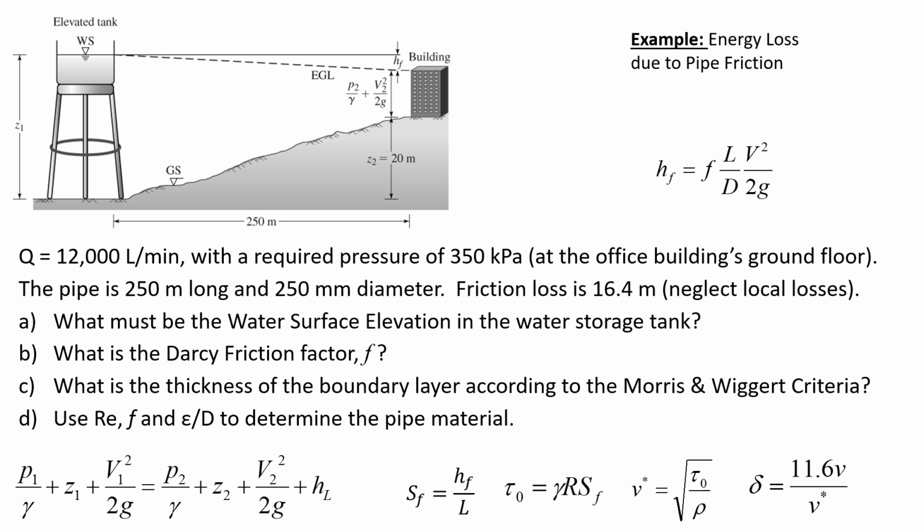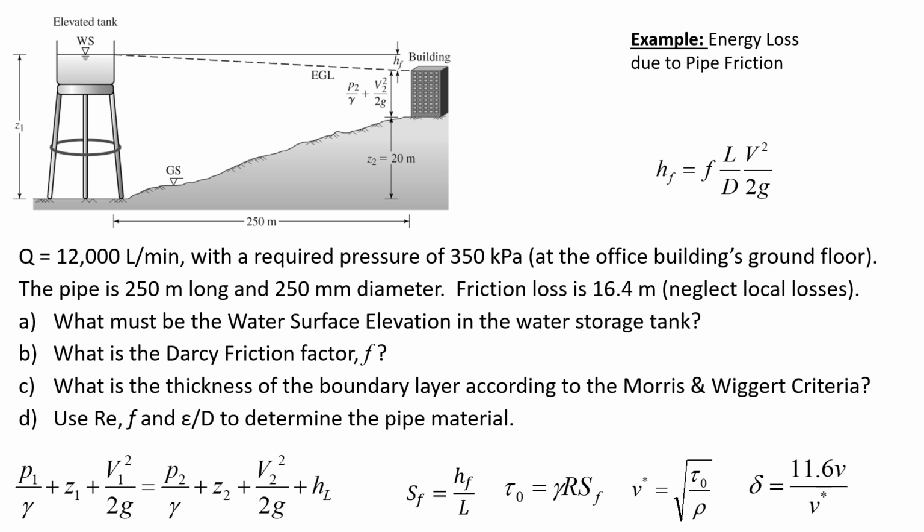Why did I bother to make that substitution? It's because the unit weight of water is 9810 newtons per meter cubed. Each of the terms in this equation is going to have units of length. So we want to make sure that dimensionally, the things we're substituting in make sense.